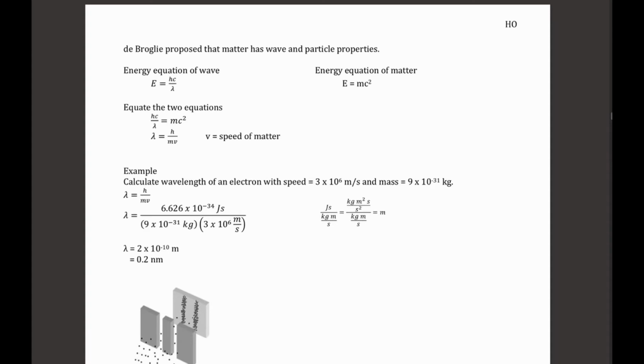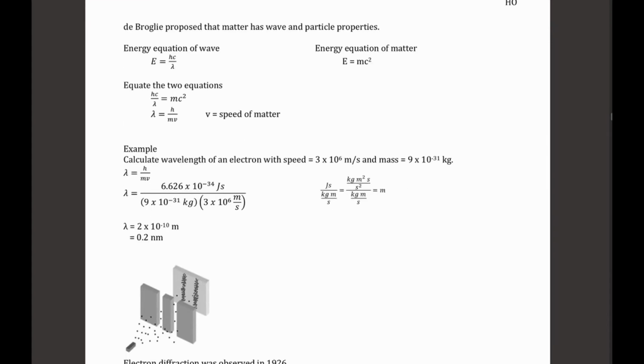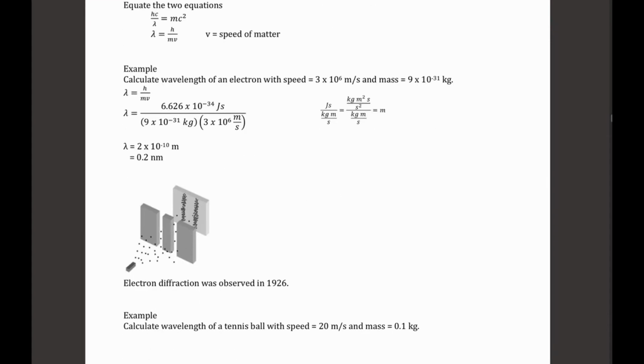Alrighty, so let's make this calculation, where we will calculate the wavelength of an electron with a speed of 3 times 10 to the 6th meters per second and a mass of 9 times 10 to the minus 31 kilograms. So we're using the equation lambda equals h over mv.